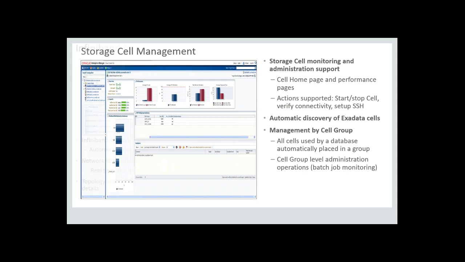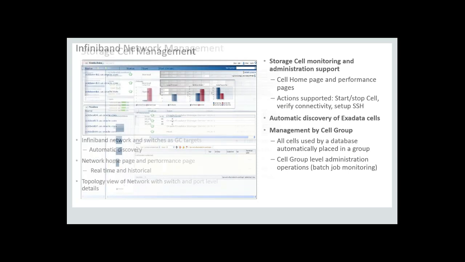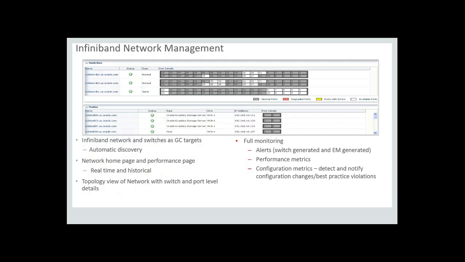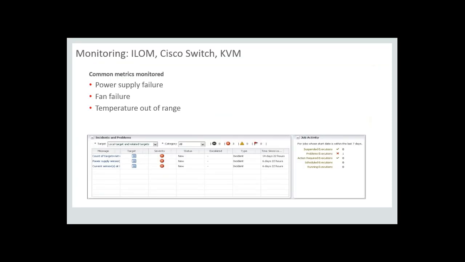You can manage your InfiniBand switch. If you want to check performance issues, how many ports are utilized, how many ports are not utilized, or if you want any information, any alerts, any metrics you want to monitor, you can monitor them on EM12C. And of course, you have ILOM. You can monitor using ILOM as well.